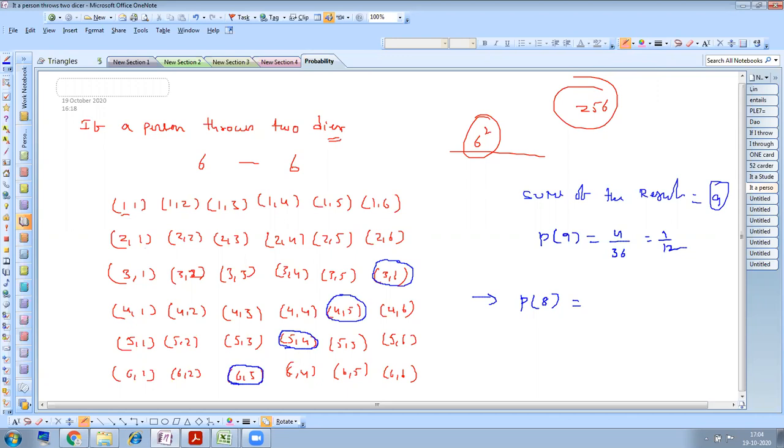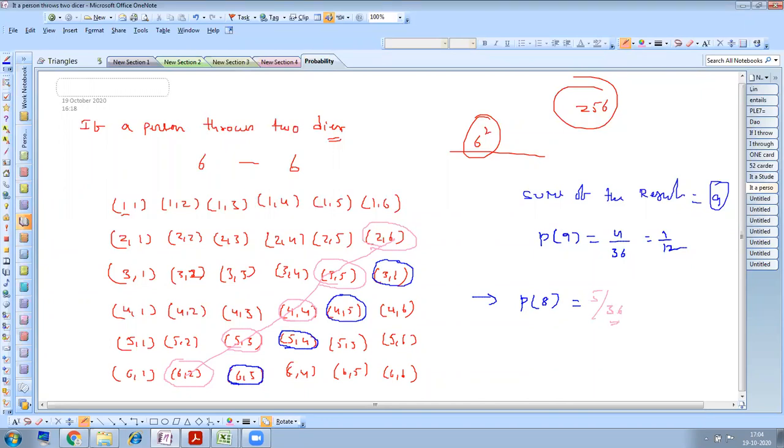With 2, 2 comma 6 and 6 comma 2. With 3, 3 comma 5 and 5 comma 3. With 4, 4 comma 4. So there are 5 possibilities. So the answer is 5 by 36.